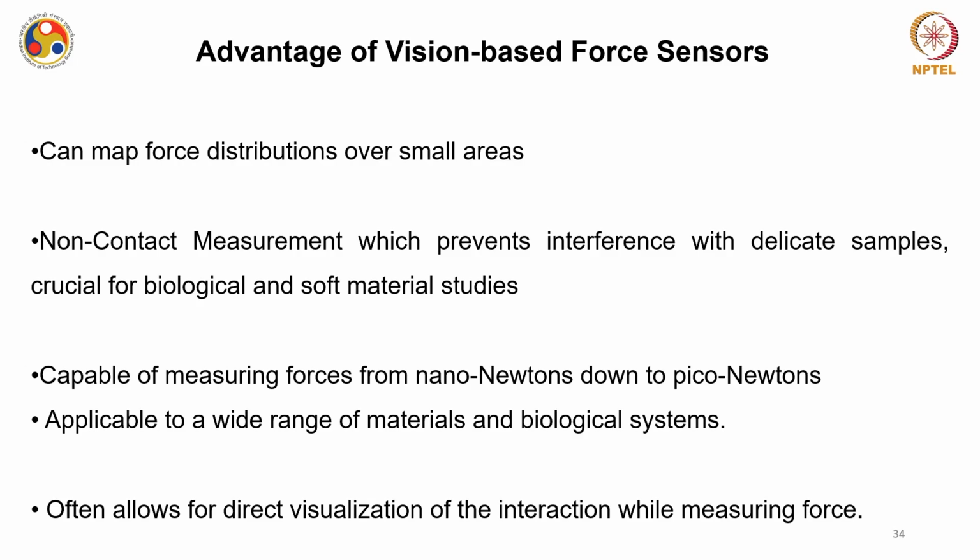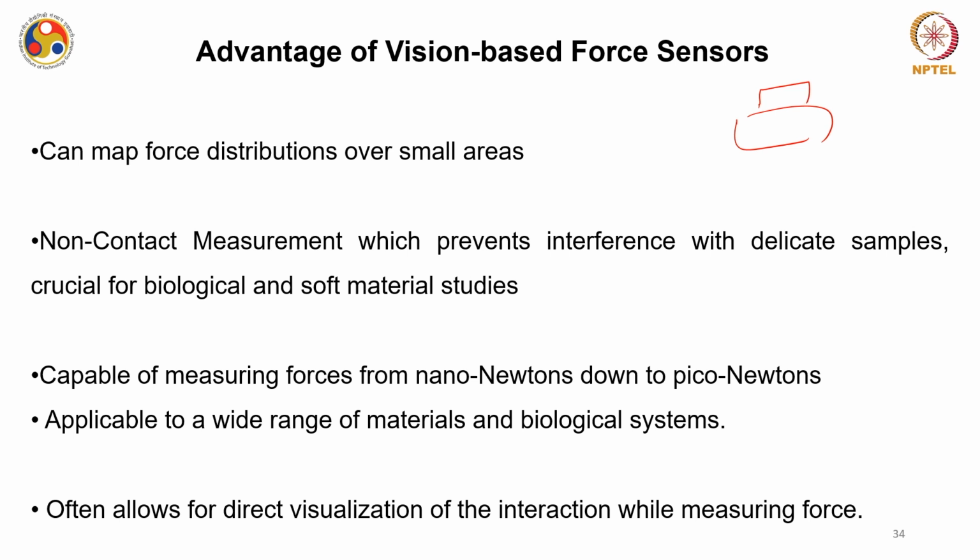The advantage of these vision based force sensors is that they can map force distribution over a small area. Usually what we do is employ an optical force sensor or a strain gauge based force sensor in one area.